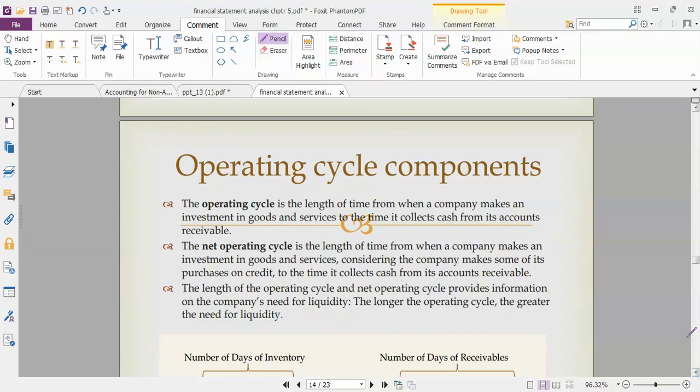Okay. How do you understand those statements? Can you elaborate in your own words? What are the operating cycle components about? Vishal?